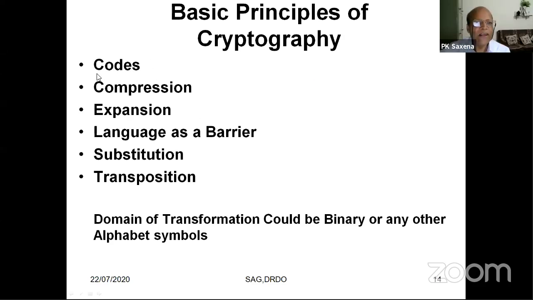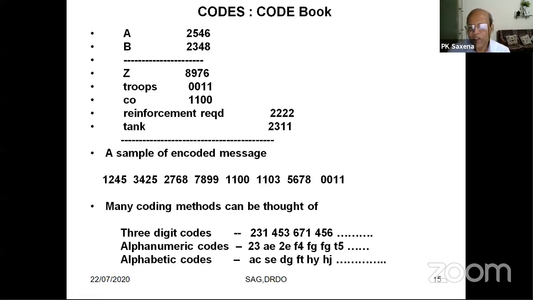In fact, in cryptography, there are some other things like compression, expansion, and substitution transformations. Some of these concepts are also used while we do these transformations. So codes, in fact, are where the alphabet set is different.